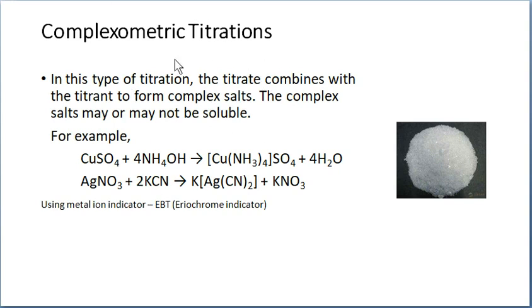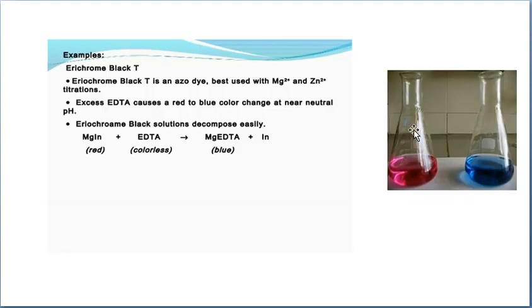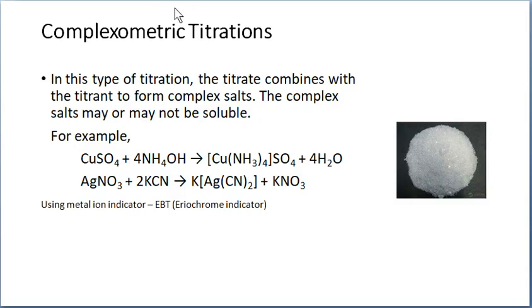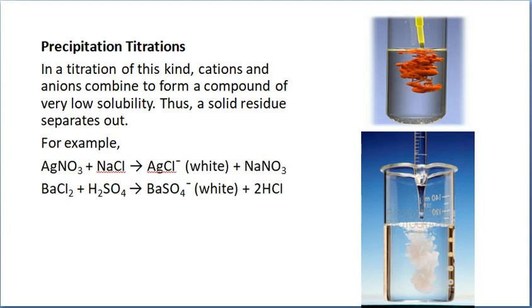This titration is used to determine the hardness present in the given water using eriochrome black T indicator. In the EDTA experiment, there is a change of color from wine red to steel blue. It is the end point. So complexometric titration is used to estimate the amount of hardness present in the given solution. Then at last, precipitation titration.